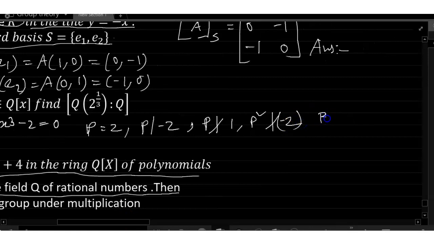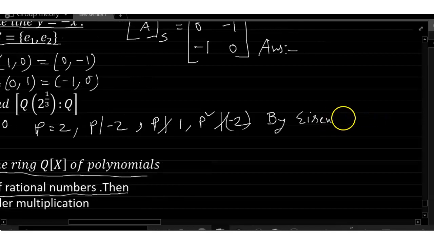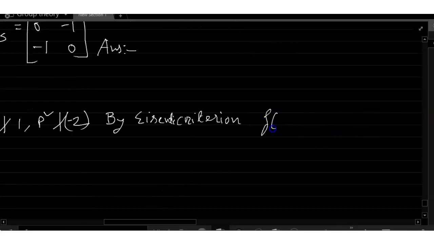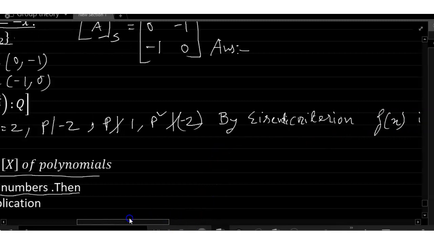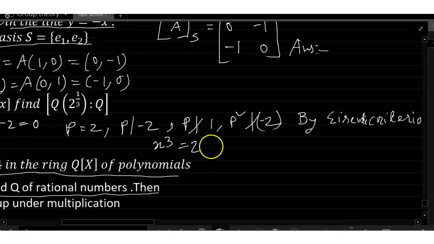So by the Eisenstein criterion, f(x) is irreducible over Q.